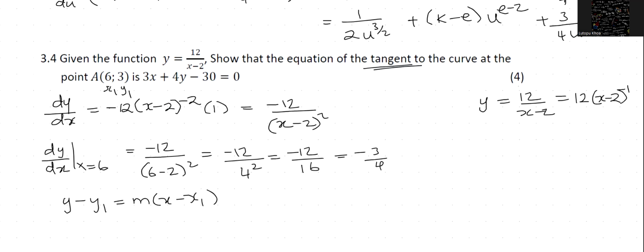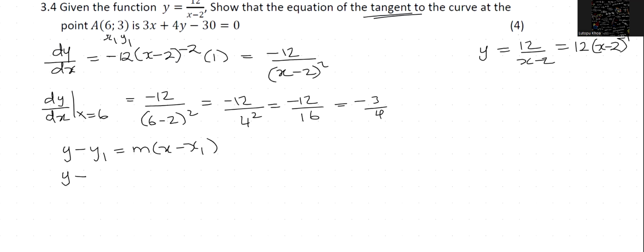So we have y minus y1, y minus 3 is equal to minus 3 over 4 (x minus 6). So y minus 3 is equal to minus 3 over 4 x, and then negative and negative will give us plus 18 over 4.